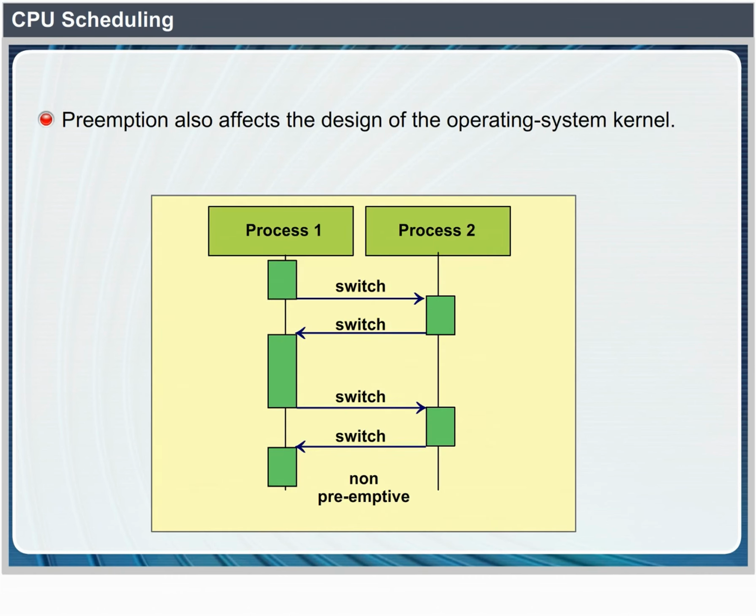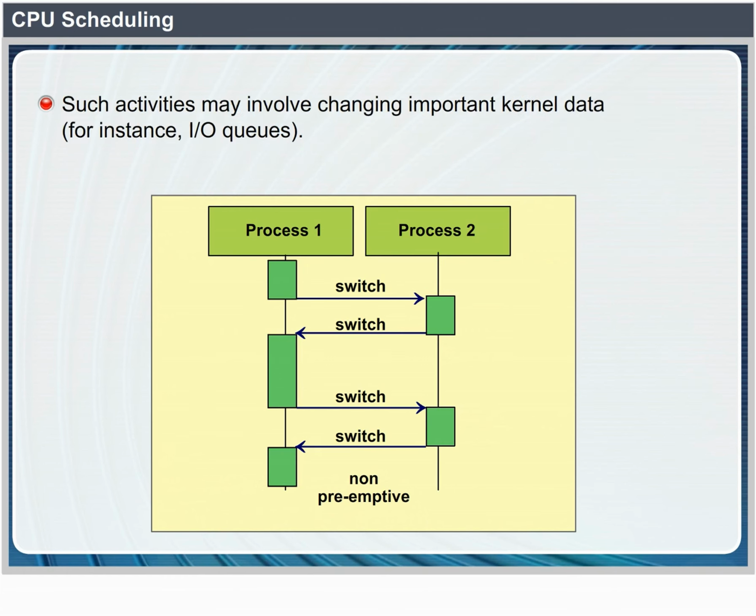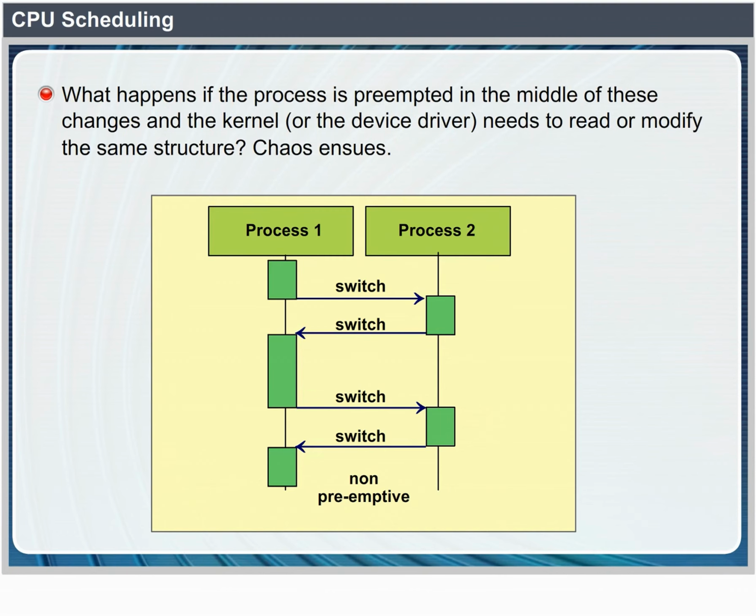Preemption also affects the design of the operating system kernel. During the processing of a system call, the kernel may be busy with an activity on behalf of a process. Such activities may involve changing important kernel data, for instance, input-output queues. What happens if the process is preempted in the middle of these changes and the kernel or the device driver needs to read or modify the same structure?